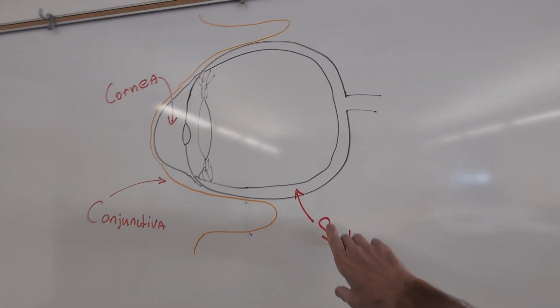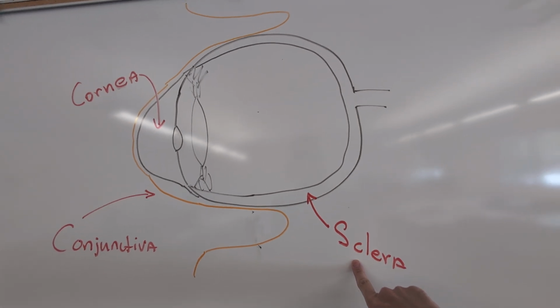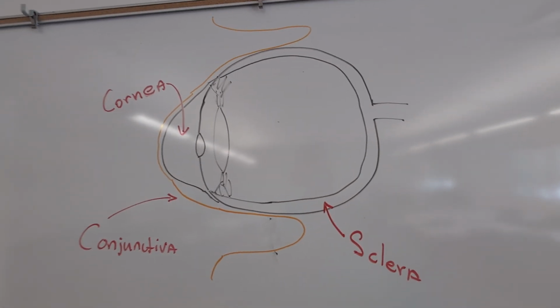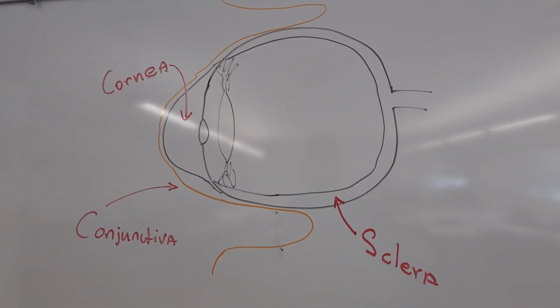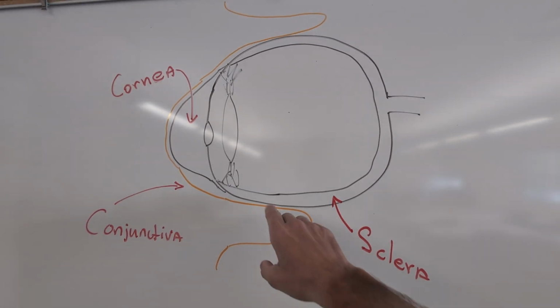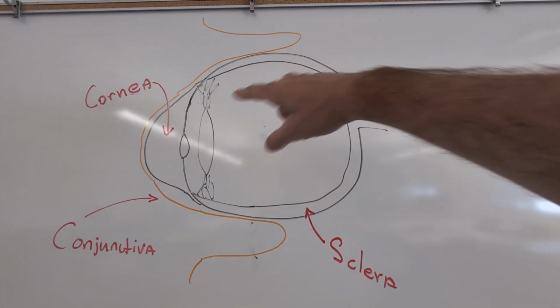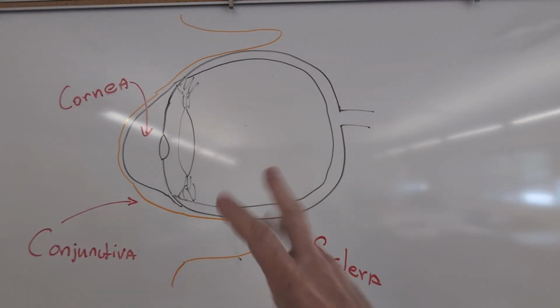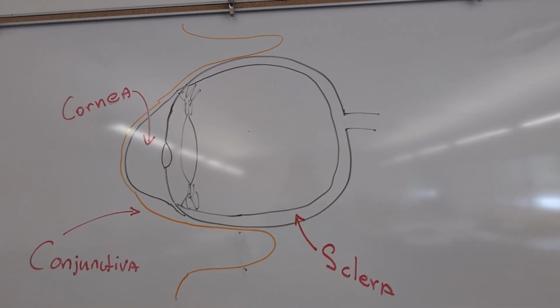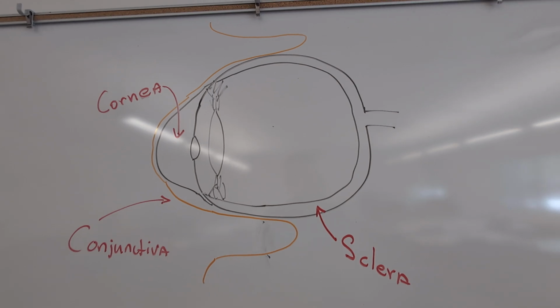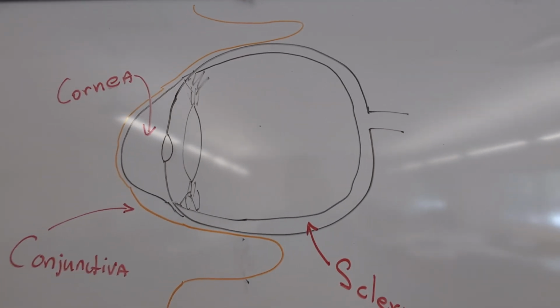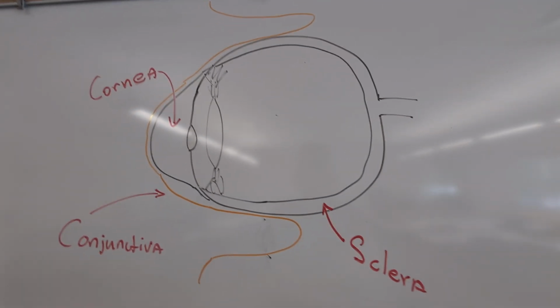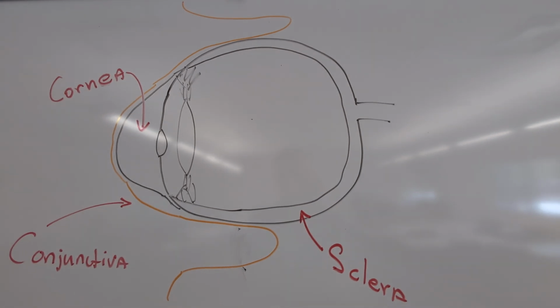So when you look at the sclera of the eye, that's the white of the eye. When you look at somebody's eye, that's the white part. And the sclera is a tough fibrous capsule, really. It's full of little collagen fibers that are kind of randomly interspaced, and it's tough and provides the overall structure for the globe or the eye itself.